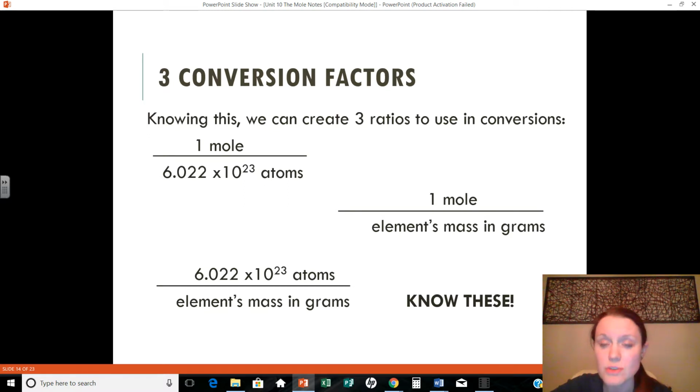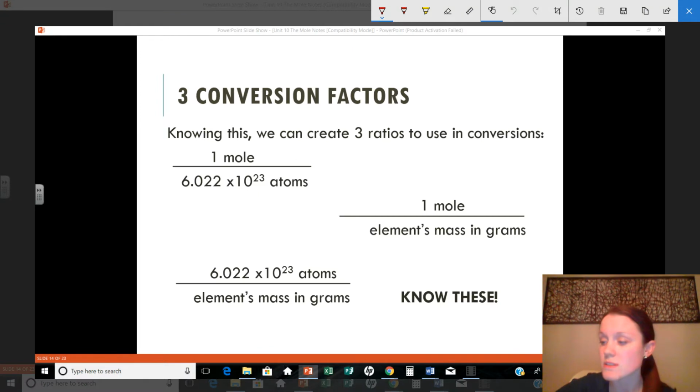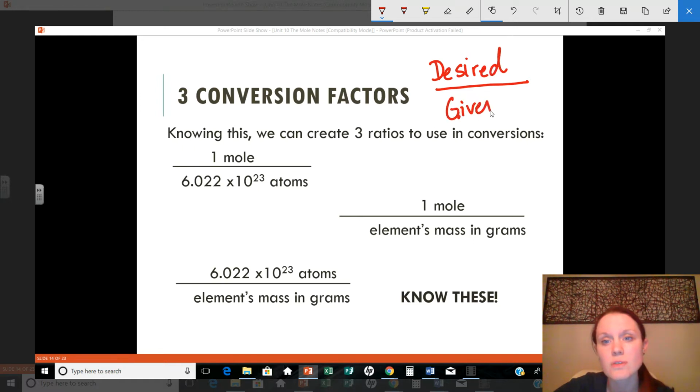The moral of the story with conversion factors is that you need to remember, no matter what, that when you are using or developing a conversion factor, your conversion factor should always be your desired unit over your given unit.